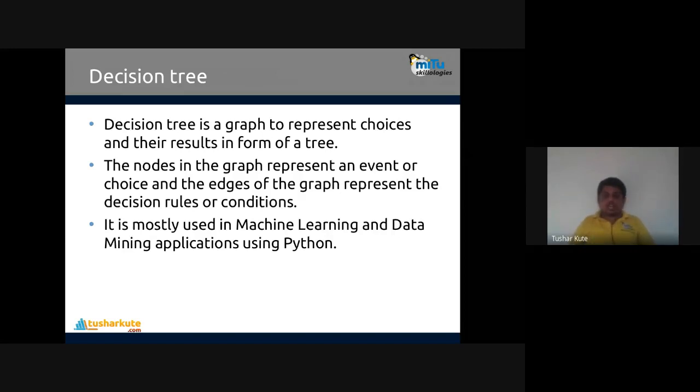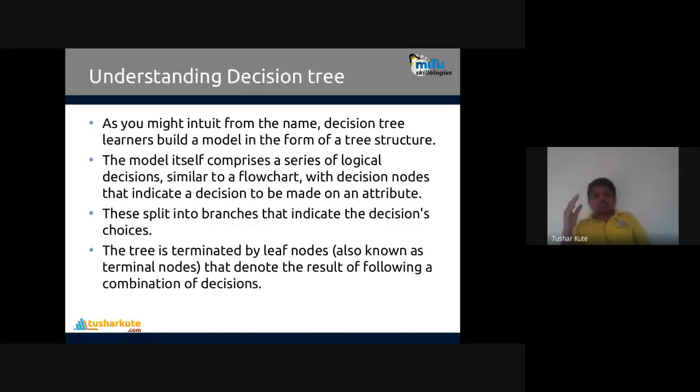It is one of the most used algorithms for machine learning and data mining applications using Python. As you might intuit from the name, the decision tree learner builds a model in the form of a tree structure. The model itself comprises a series of logical decisions taken. Every node is a decision.